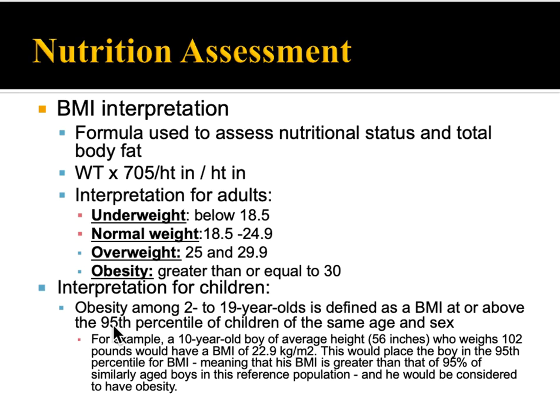And so above the 95th percentile is considered obesity in children, actually up to 19, which kind of surprises me. I would think that would stop somewhere around maybe even 16 or 17, but for now it's still for 2 to 19. And so there's an example down here of what that might look like.